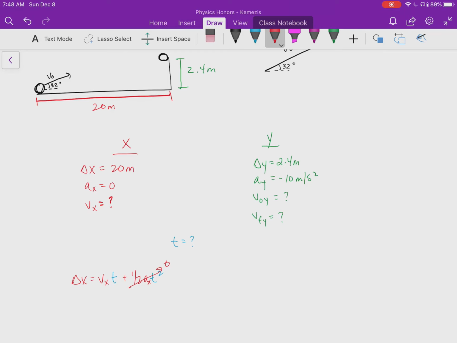So we have delta x equals vx t. If we come over to the y, we'll use the same equation, but it's unique to the y: v naught y times t plus 1/2 a t squared.